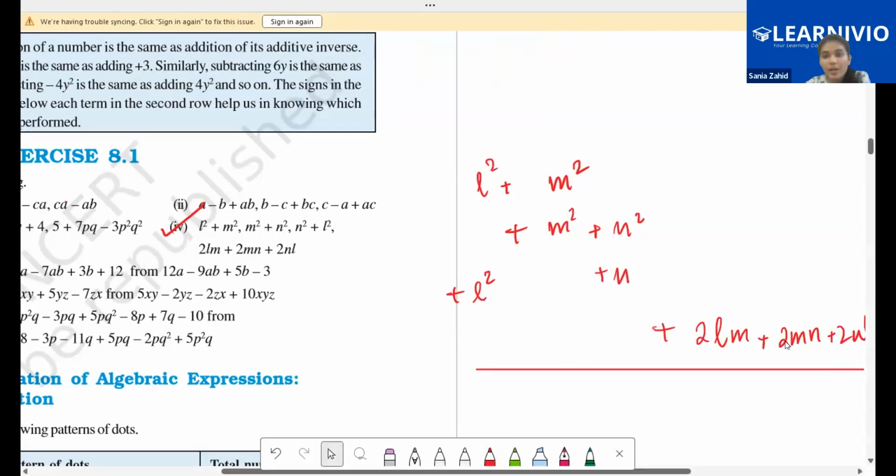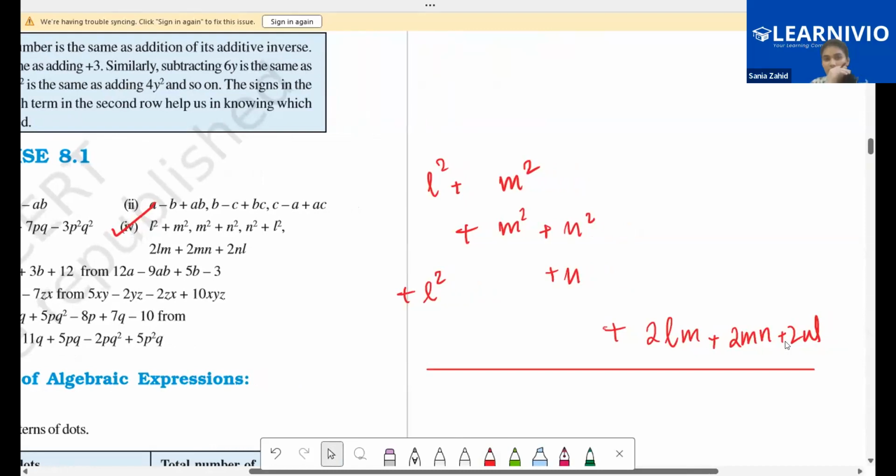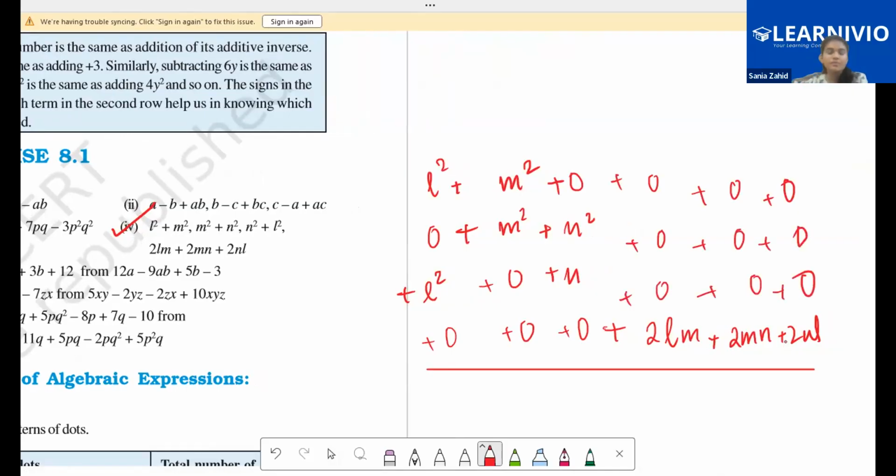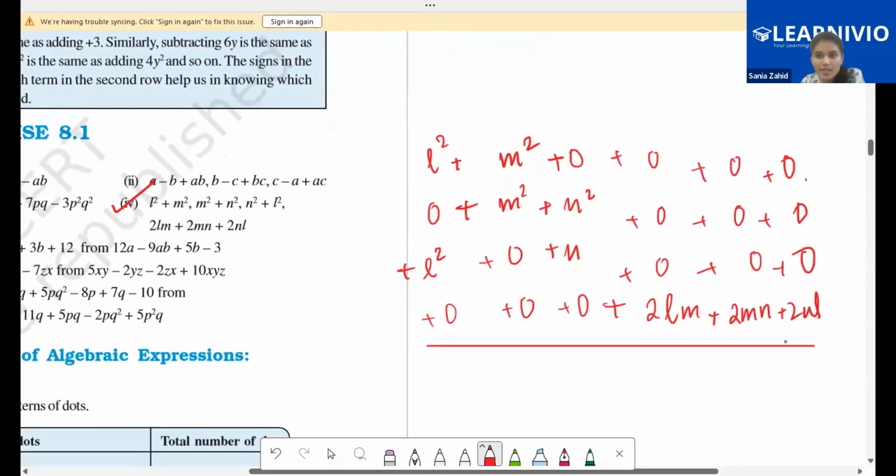Now children, wherever you have blank spaces, you add zeros to that. Add zeros wherever you will have blank spaces. Okay? Now just add it. 0 plus 0 plus 0.